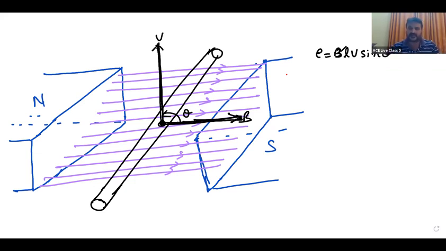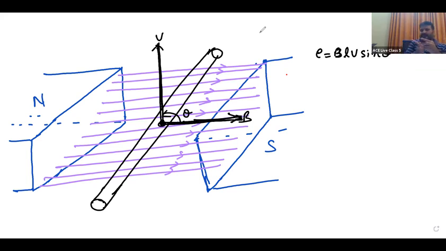The direction of induced EMF can be found by applying Fleming's right hand rule, or flat form rule. In this diagram, the forefinger is the flux direction, the thumb is the motion of the conductor, and this is the direction of the current. As I told yesterday, the forefinger must be kept along the flux direction, the thumb along the movement of the conductor, and your center finger must always be along the conductor.